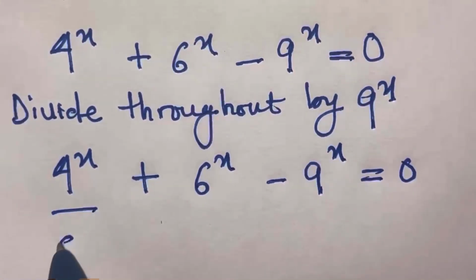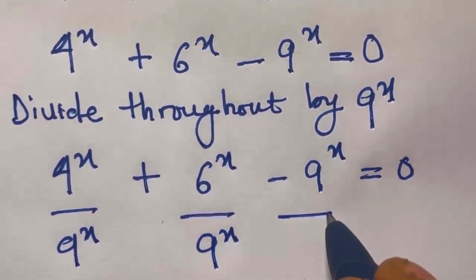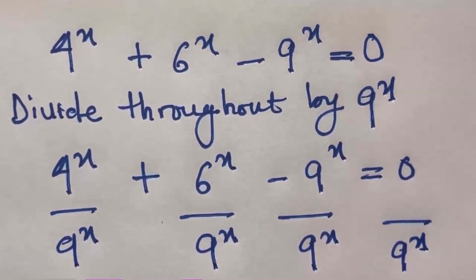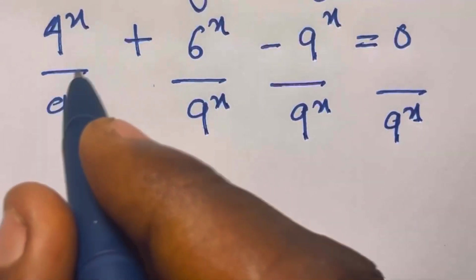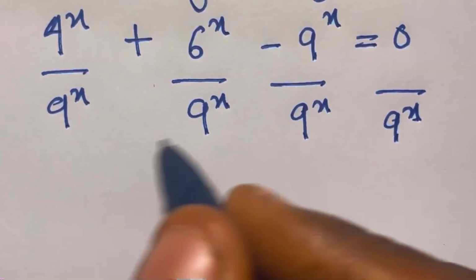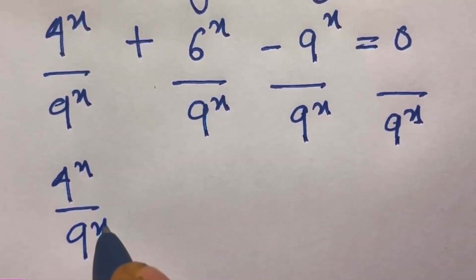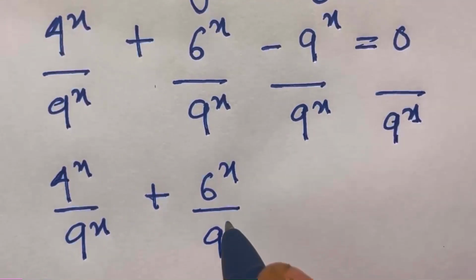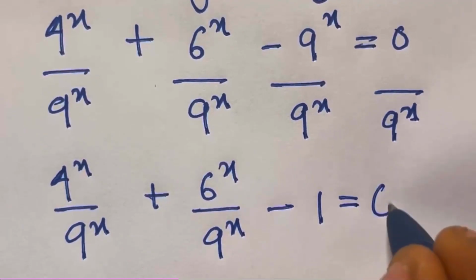So we have this divided by 9 raised to the power x, this divided by 9 raised to the power x, and this divided by 9 raised to the power x. So from here we have 4 raised to the power x divided by 9 raised to the power x plus 6 raised to the power x divided by 9 raised to the power x minus this will give us 1 equals 0.